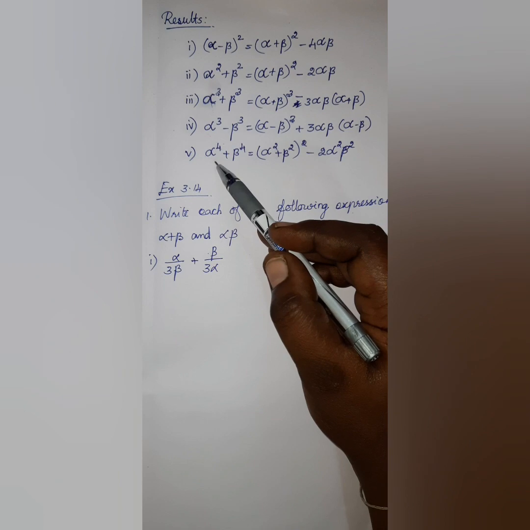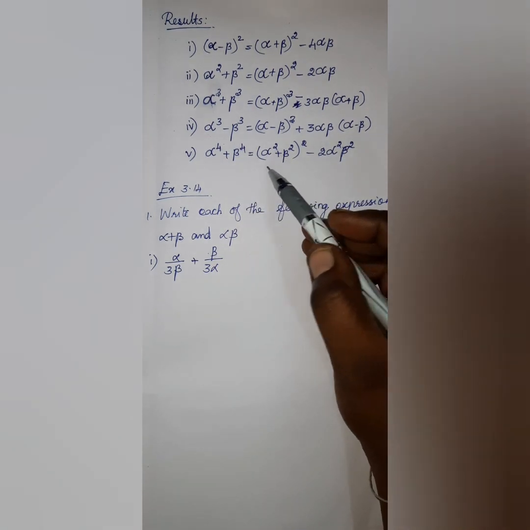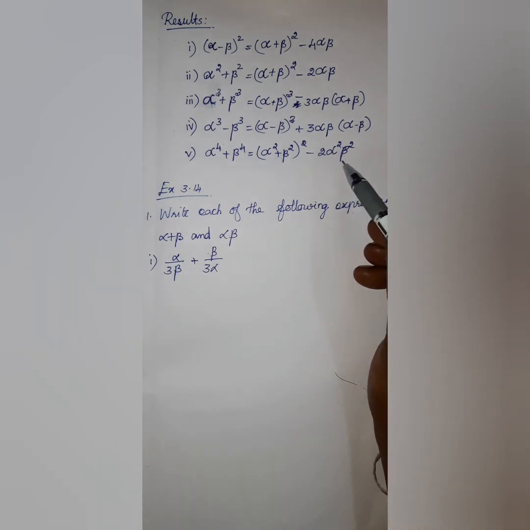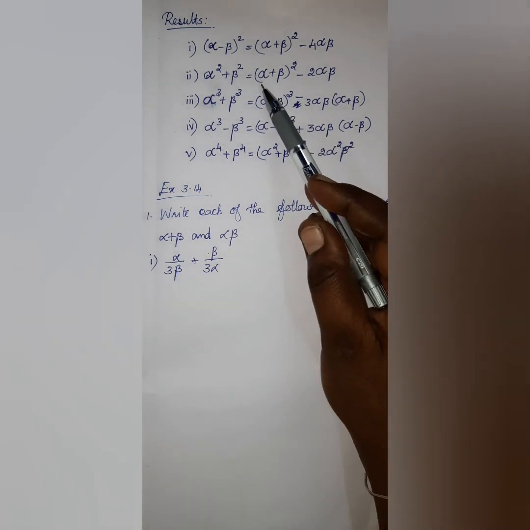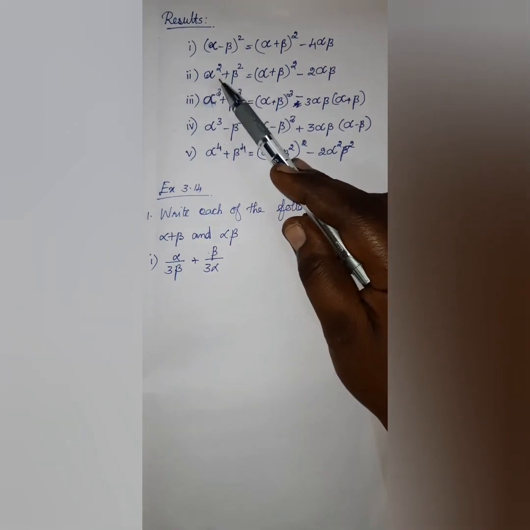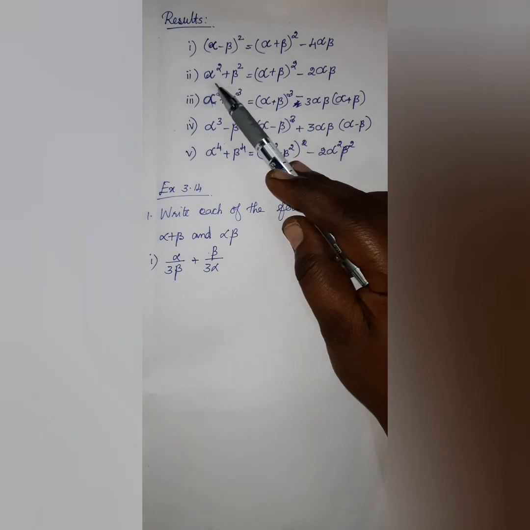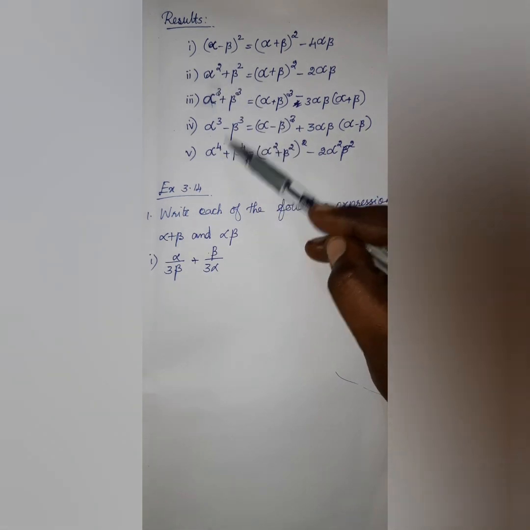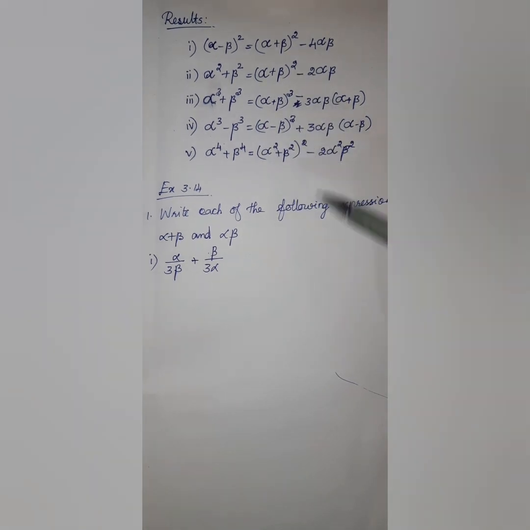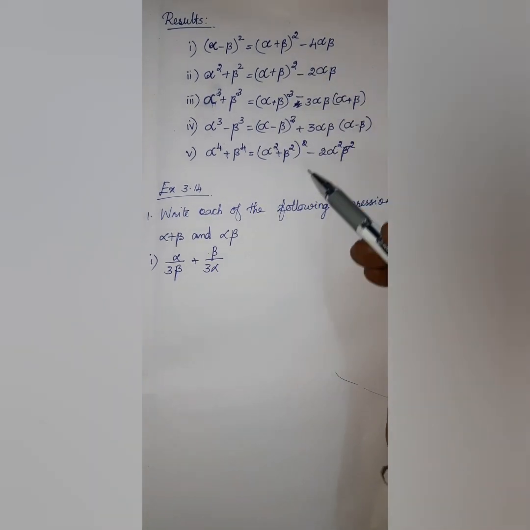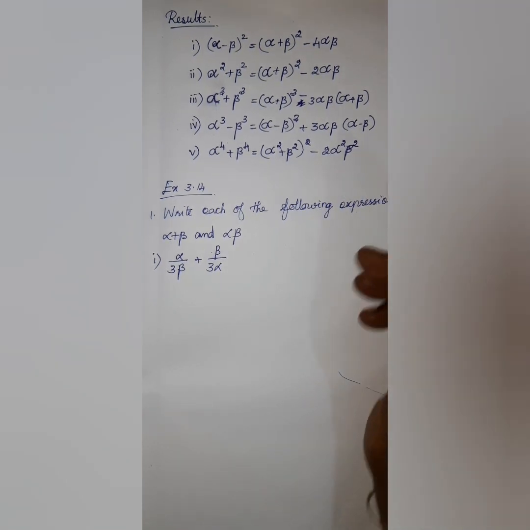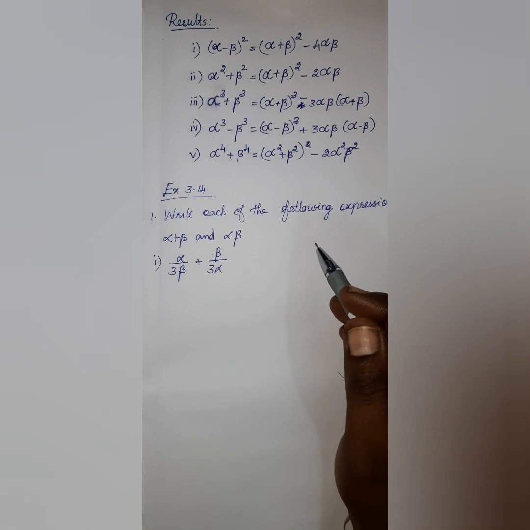Next one, alpha power 4 plus beta power 4 is equal to alpha square plus beta square the whole square minus 2 alpha square beta square. This is like the second one. Instead of alpha, here we put alpha square and beta square, so alpha square the whole square gives alpha power 4, and beta square the whole square gives beta power 4. Only that change. Understood? So learn this with some understanding, then only we can do the remaining sums from the following exercise. Are all clear?